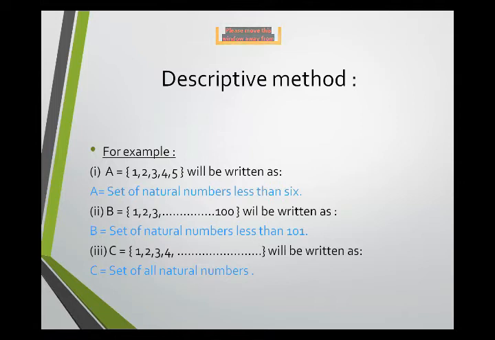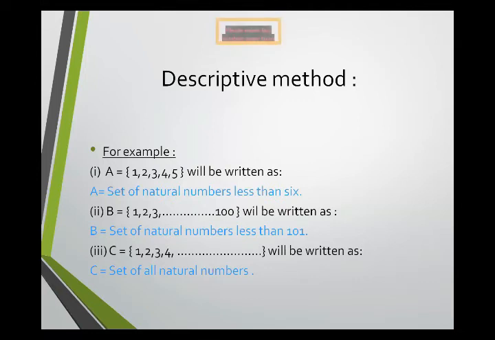Why do we write less than 6? Because there are only numbers till 5. Not even a single number greater than 5, so we write here less than 6. The next one is set B, which starts from 1, 2, 3, and there are some dots and ends at 100. This set is given in tabular form, and we will write it in descriptive form.